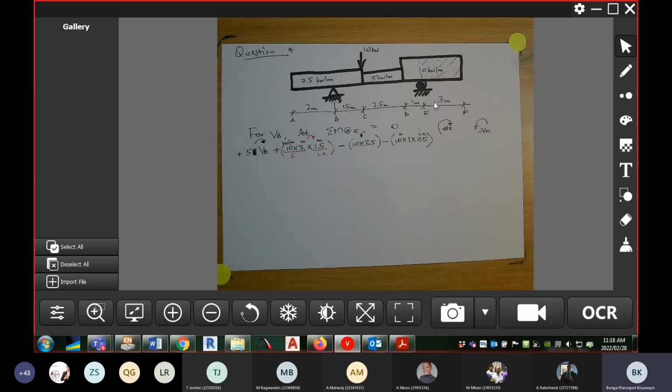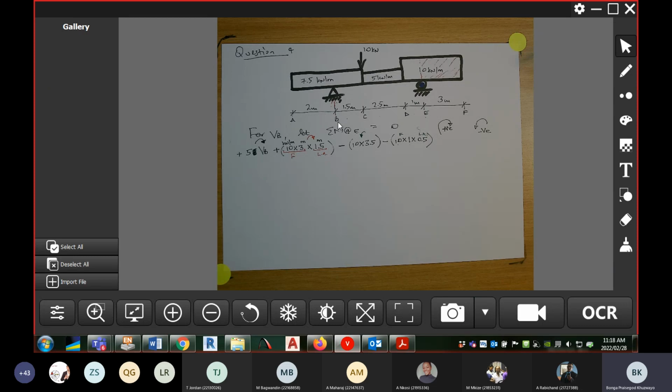And then we move on to the sign convention we're going to use. Moments that are going in the clockwise direction, we're going to give them a plus, and moments that are going in the anti-clockwise direction, we're going to give them a minus. So I'm just sticking to the procedure we adopted to work out the vertical reaction at node B.